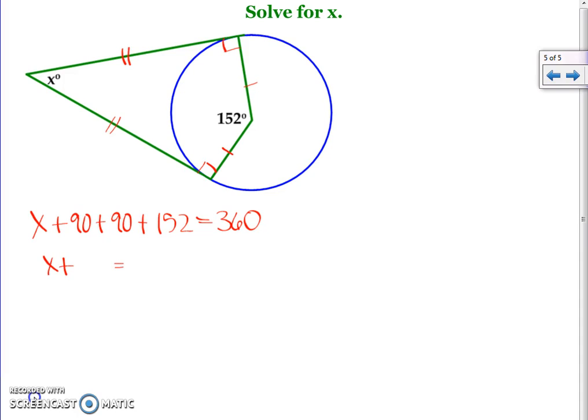X plus what? How much? 332. Okay, and then we subtract. Any questions?